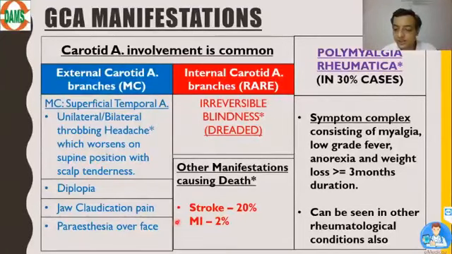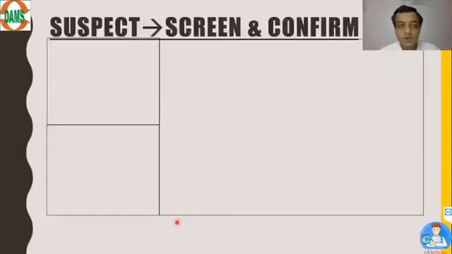So look at this simple point: suspect, screen, and confirm. What we have discussed till now is the clinical suspicion. All we have to do now is screen and confirm.